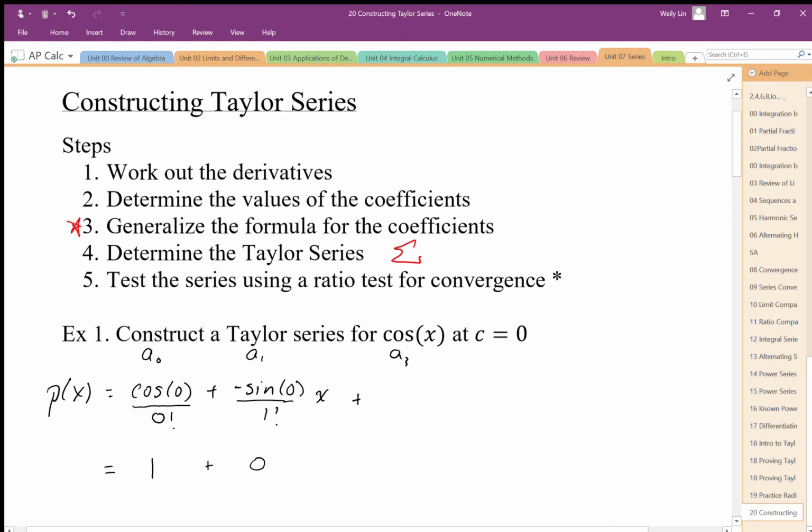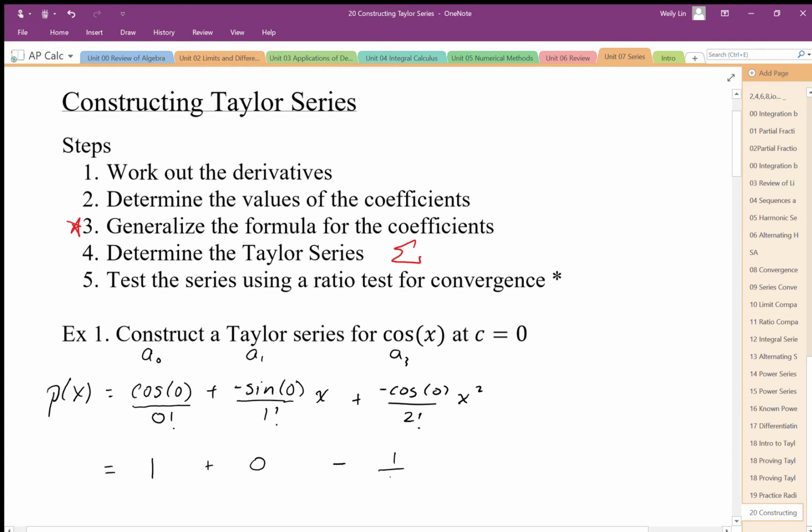Then for the a3 term, we're going to differentiate sine. We're going to end up with negative cosine, so negative cosine of 0, and then over 2 factorial. And this is going to be for x squared. So we're going to be minus cosine of 0, which is 1, over 2 factorial.